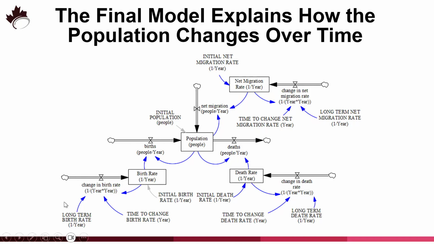So I have a long-term birth rate, an initial birth rate, and a time to change the birth rate. So over time, the birth rate changes. Over time, the death rate changes. Over time, the migration rate changes. And that leads to births, deaths, and net migration.